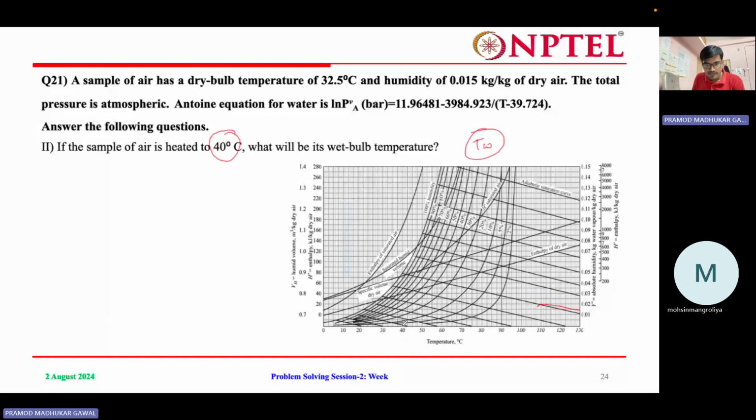At 40, right? Just draw a parallel line, similar to this one.